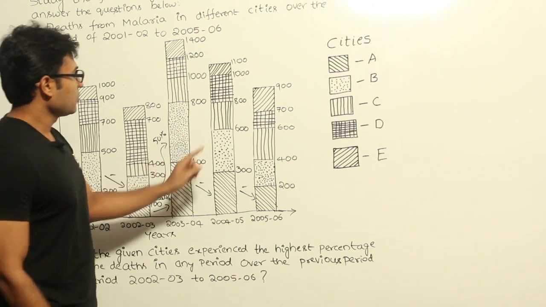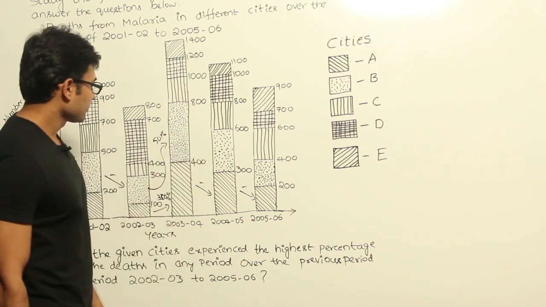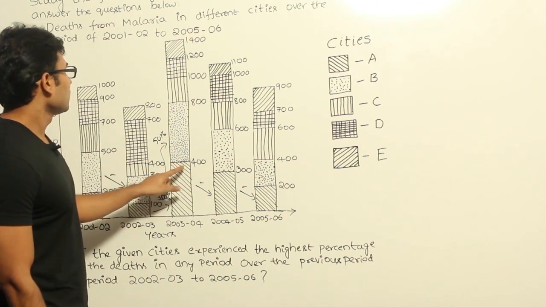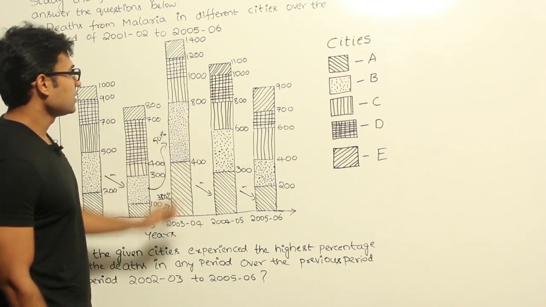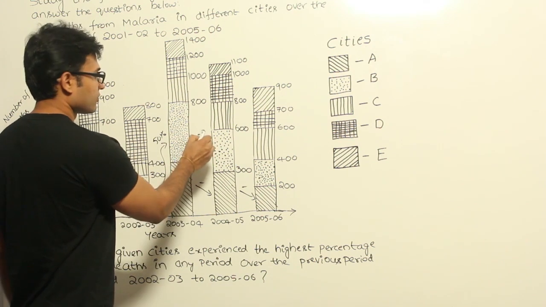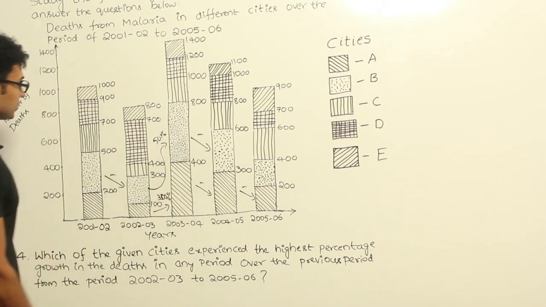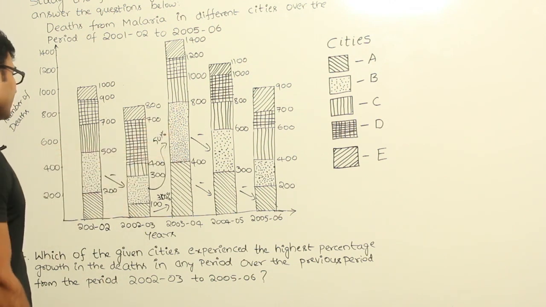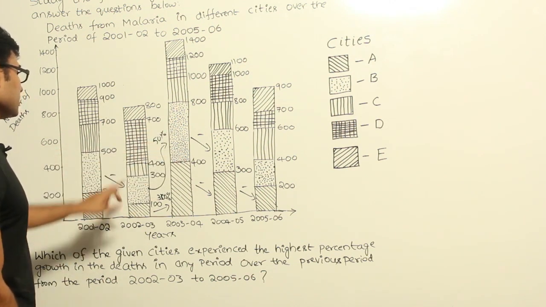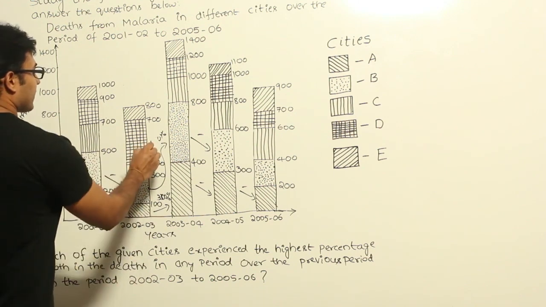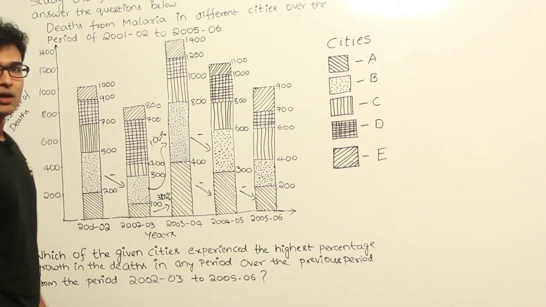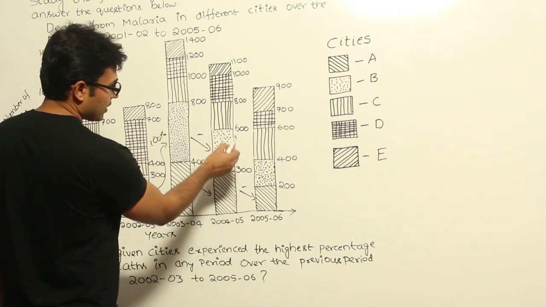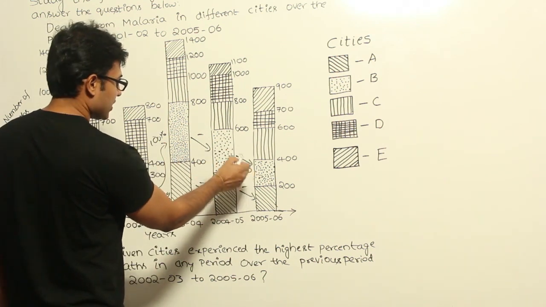And now here it is 400 and here it is 300, therefore it is decrease, isn't it? So here it is 200 and here it is 400, right? So it is going to be 100%, right? And now from here to here it is decreased, and from here to here it is 300 to 200, which means again it is decreased.